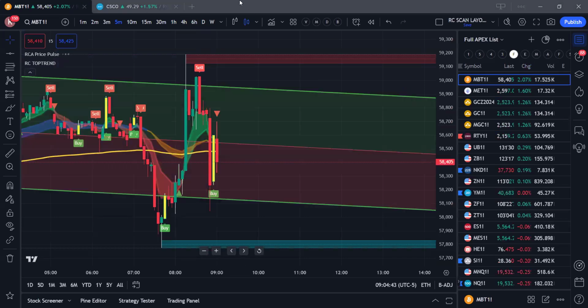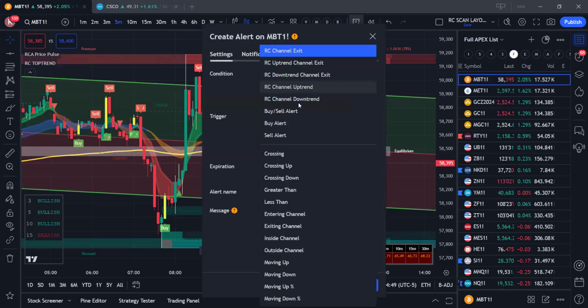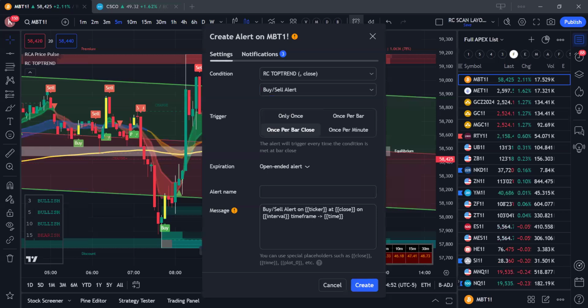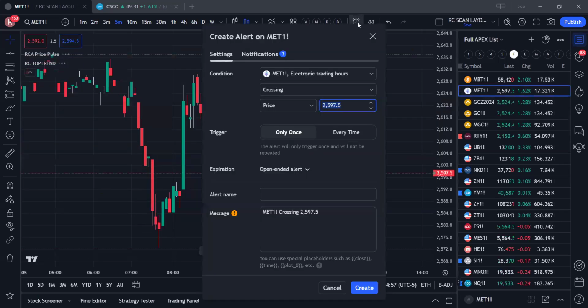For example, Bitcoin is one of the good moving tickers, so I'll go and create. GC, or Ethereum, is one more good moving ticker.